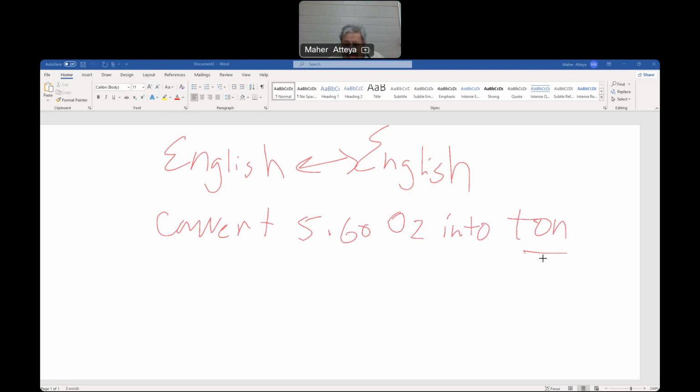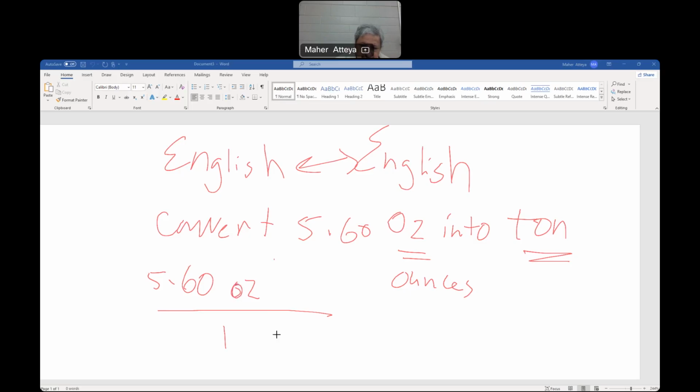That's an English conversion: ounces, and T is ton. So we are converting 5.60 ounces into tons. Both of those units are English. So we'll start with 5.60 ounces over 1.